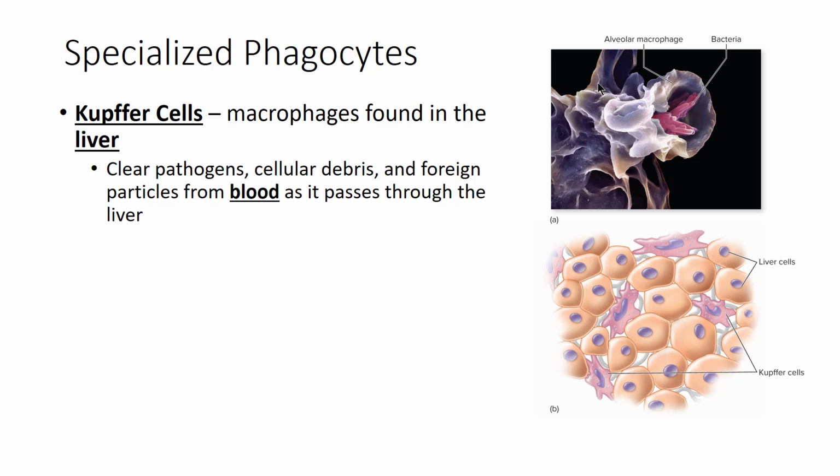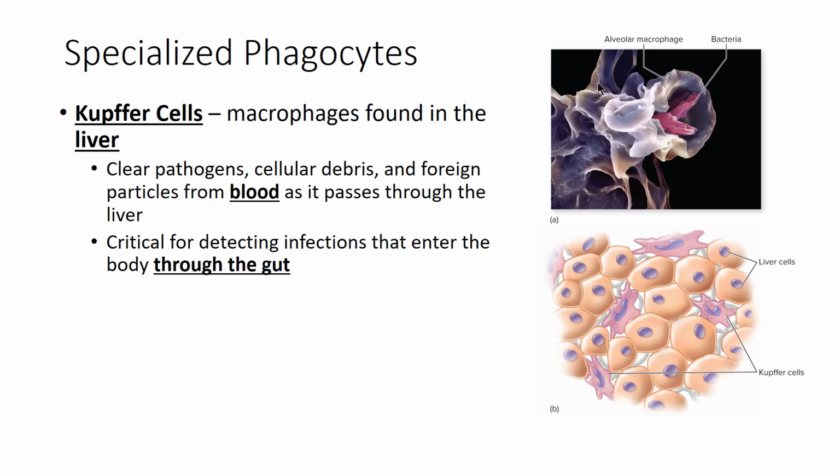So things that go through your digestive tract go through the liver first. And so this is a good way for the liver to filter out pathogens. So this is an area where Kupffer cells, specialized phagocytes, play a role. If they determine something is foreign coming through the gut, they're going to be one of the more primary early cells to remove those.